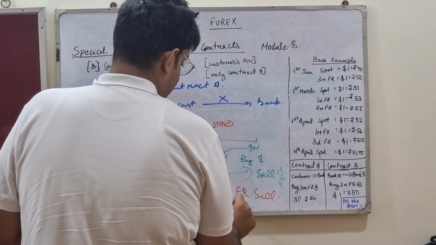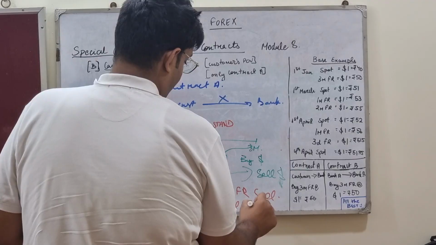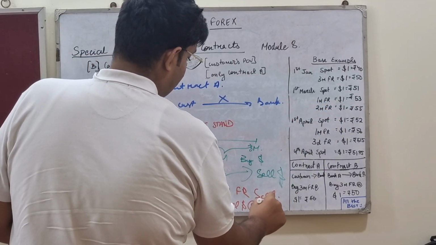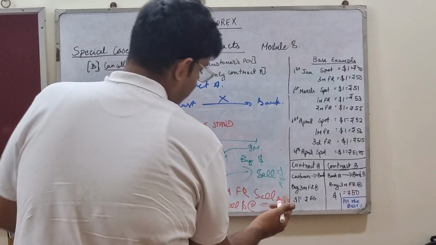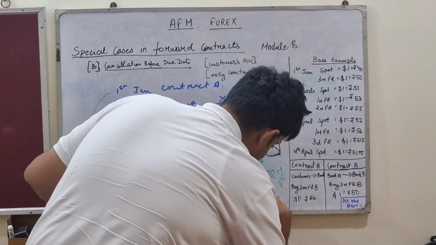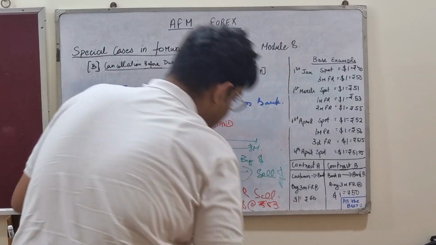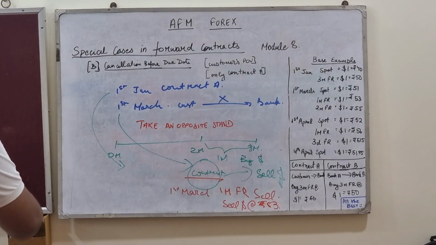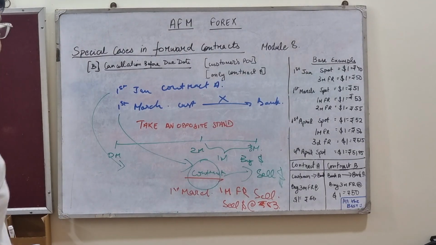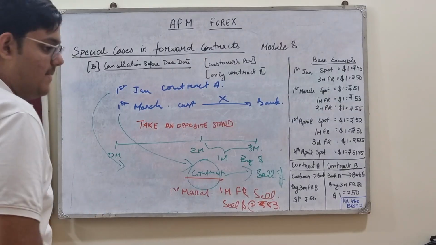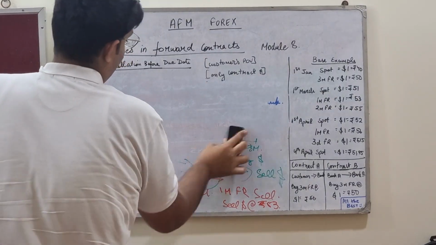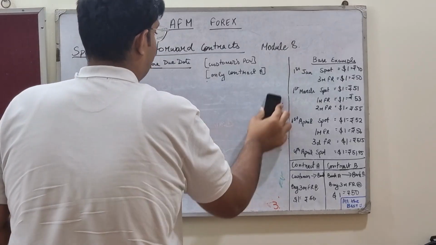That is, sell dollars at, you can see the rate, 1 month forward rate is rupees 53. So that's the story. Now all you need to do in the exam is present it in a better way. I'll show you the better way because it's very simple.